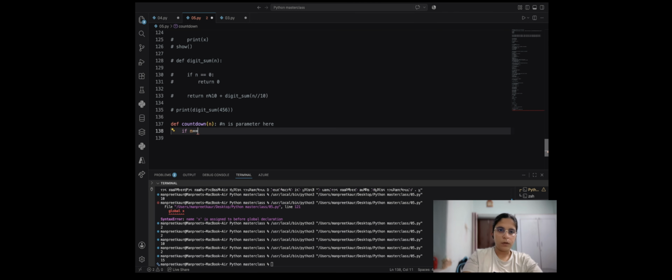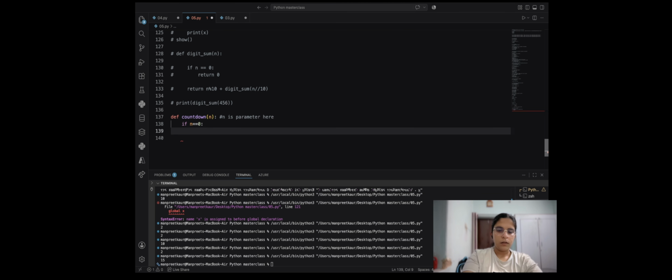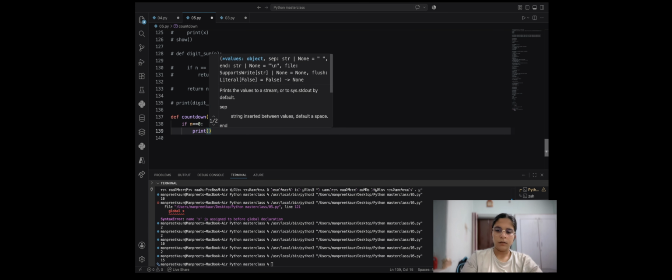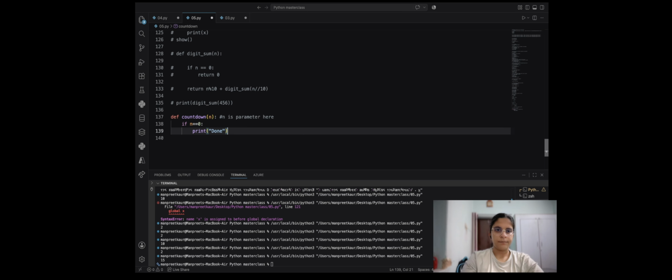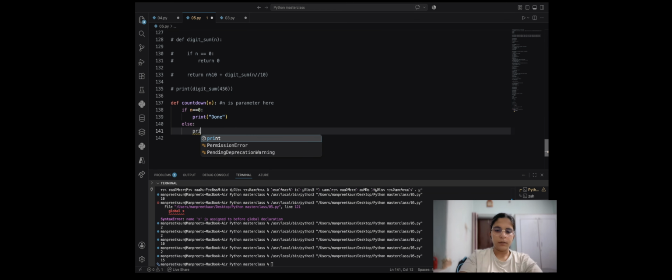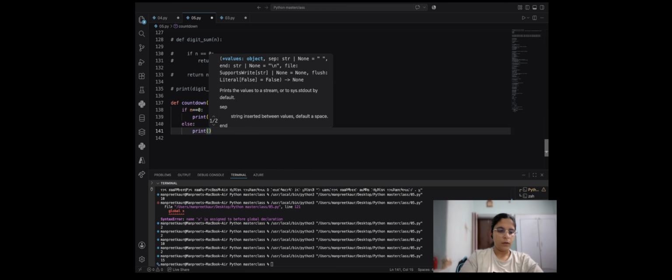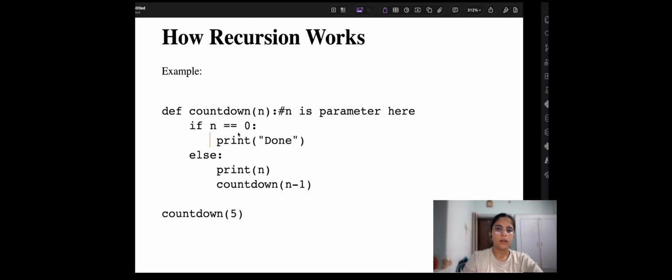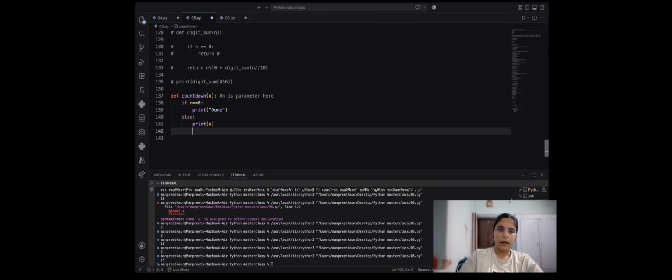If n is equal to 0, then return, print done. Else, if n is not equal to 0, we want to print n, and I am going to describe the countdown, which will be n minus 1.